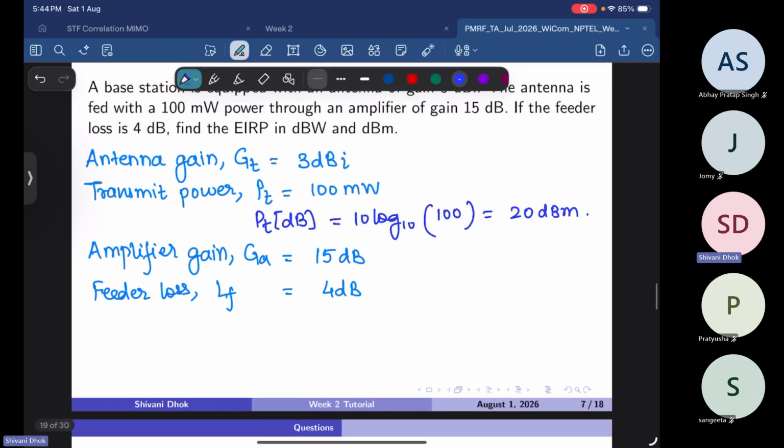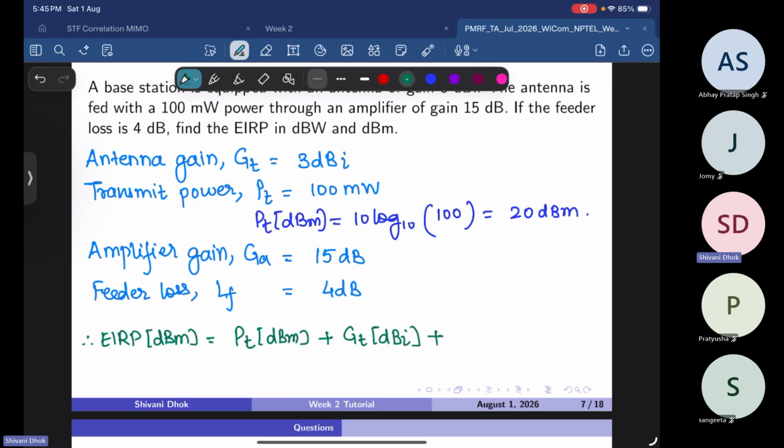So by definition of EIRP in dBm, it will be your transmit power in dBm, plus your antenna gain in dBi, plus your amplifier gain in dB, minus your feeder loss in dB.